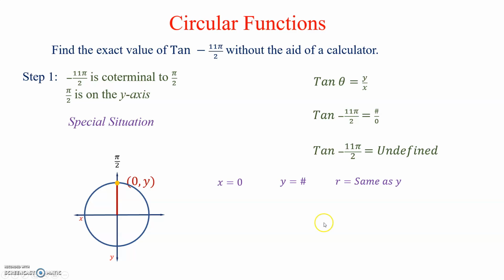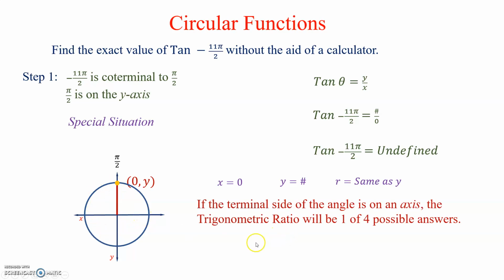So from this slide, we begin to make some generalizations about the terminal side being on an axis. If the terminal side of an angle is on an axis, the trigonometric ratio will be one of 4 possible answers. So there won't be any need to use any special right triangles.